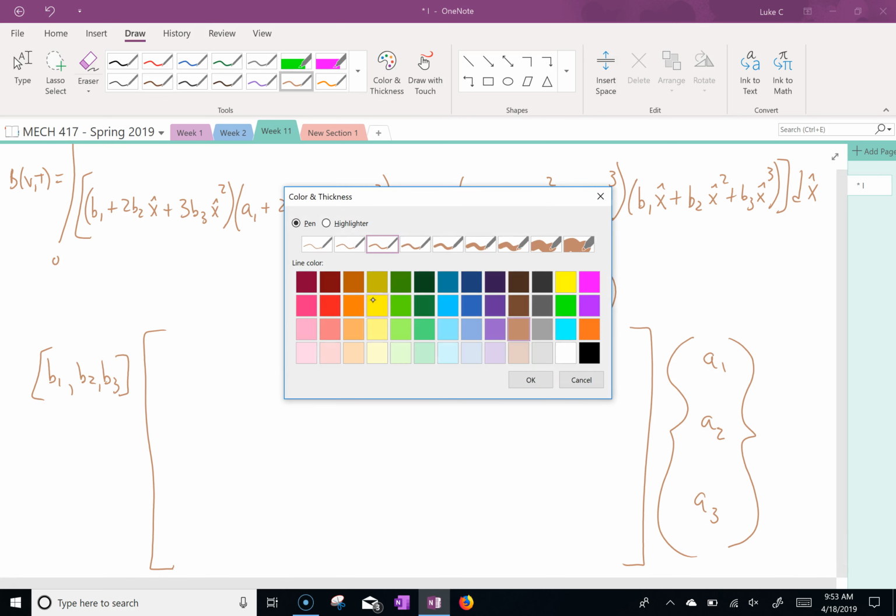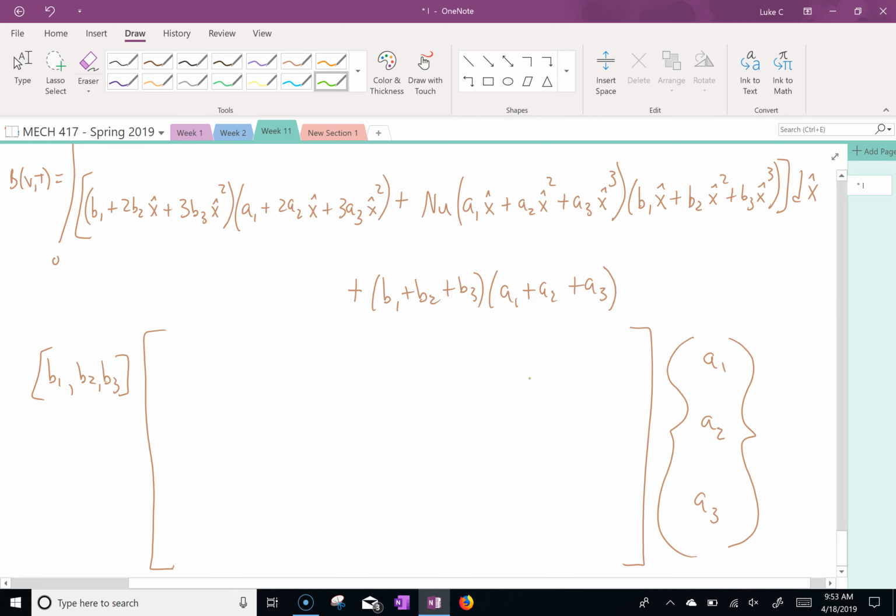So let me put the first one in. It's going to be integration of 1 plus the Nusselt number x hat squared times dx hat from 0 to 1.